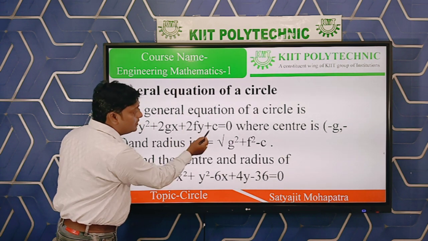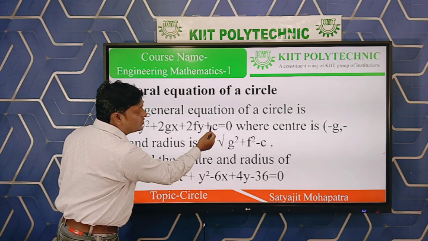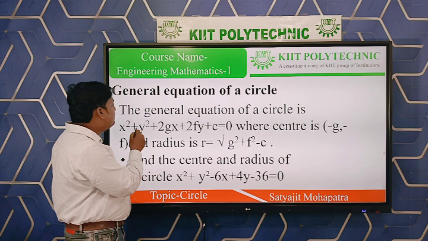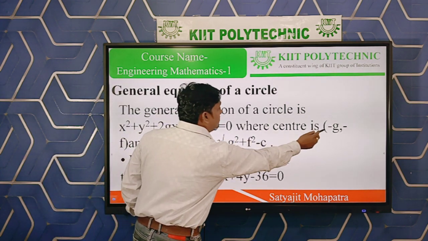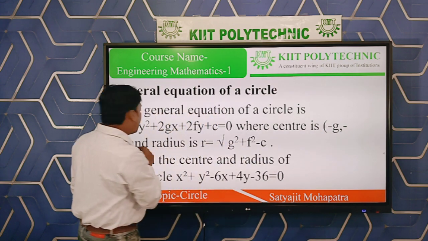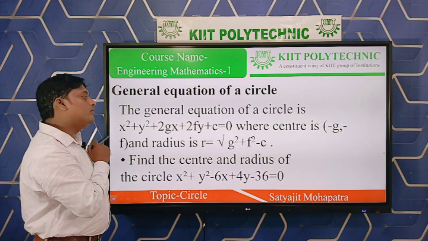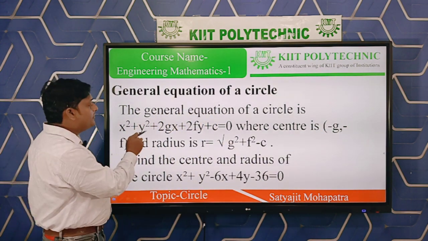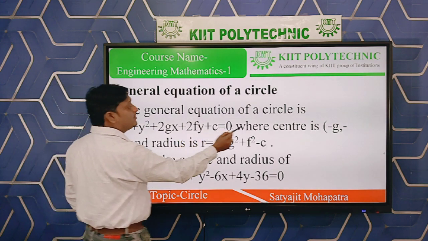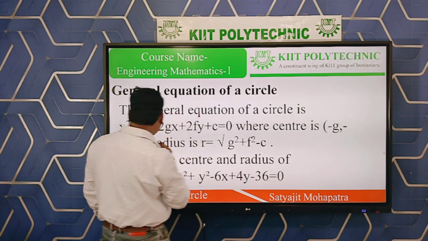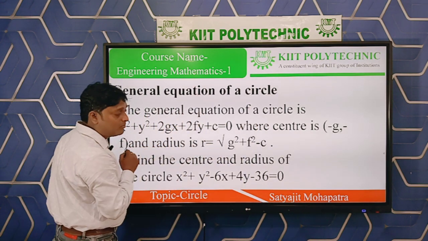Since c has no degree, it's a constant term. You simply have to remember this equation, and that the center is (minus g, minus f). I will show you by doing problems in the next slide. Just remember the general equation of the circle, its center (minus g, minus f), and its radius formula.